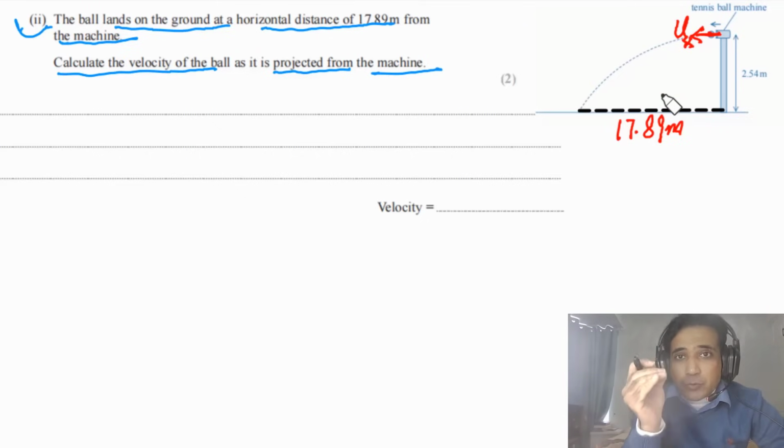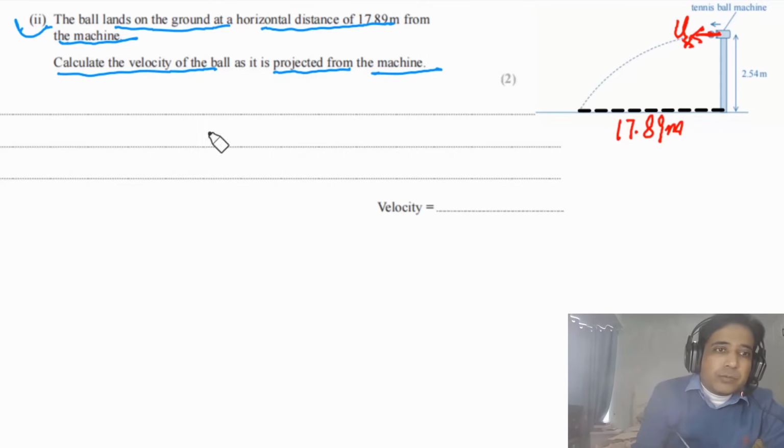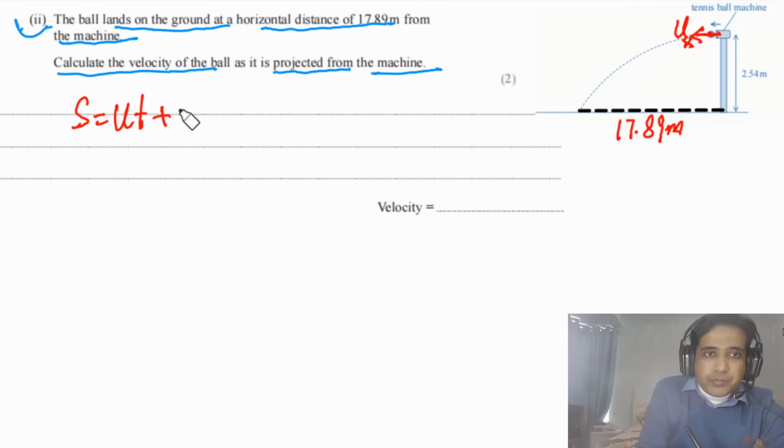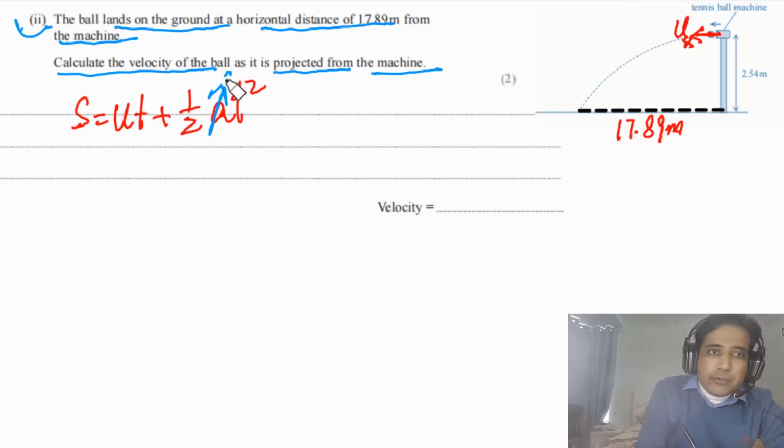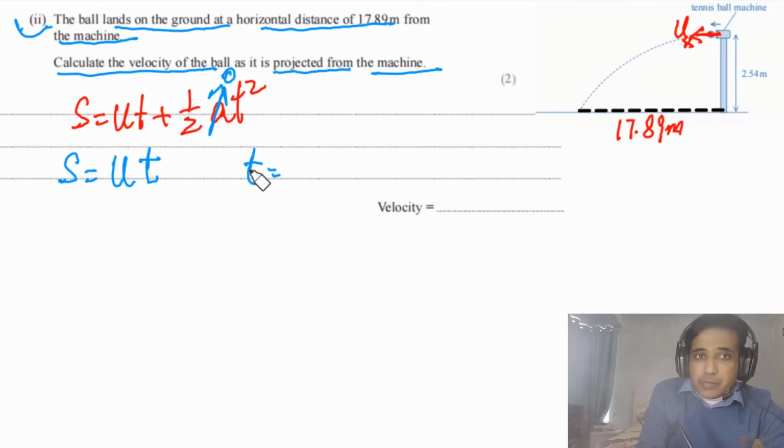As there is no force along horizontal, we can say s = ut + 1/2 at², and the acceleration will be equal to 0. So we are left with s = u times t, and we have already calculated the value of time in part A: t was equal to 0.72 seconds.